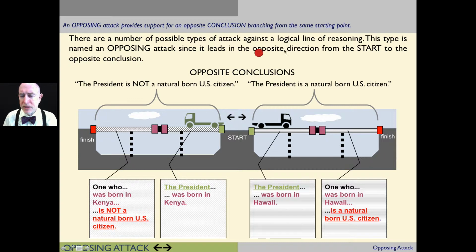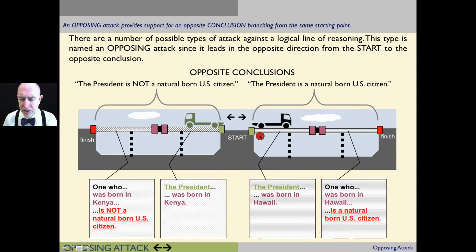So, as it says here, this type is named an opposing attack, since it leads in the opposite direction from the start to the opposite conclusion. So, let's look at the two arguments that are presented here. One argument, and the conclusion for that is, the president is a natural-born U.S. citizen.